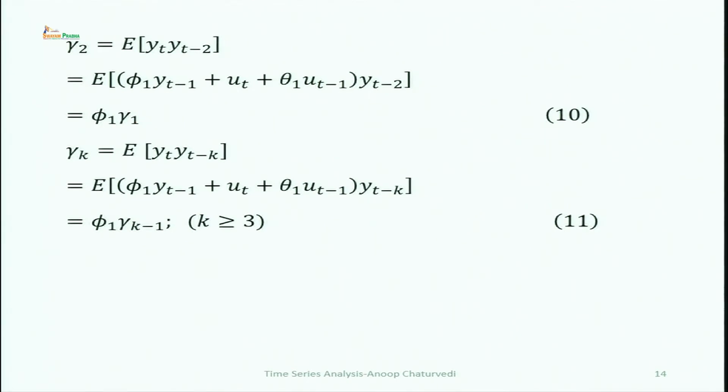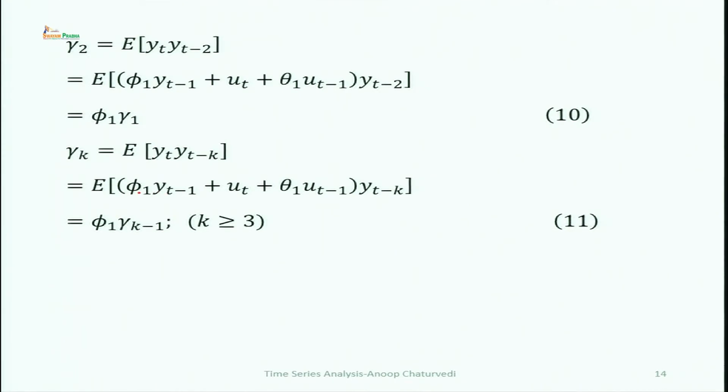And generally, if you take gamma k, the kth autocovariance, which is equal to expectation of y t y t minus k, and then again you write y t equal to phi 1 y t minus 1 plus u t plus theta 1 u t minus 1. You multiply it by y t minus k.